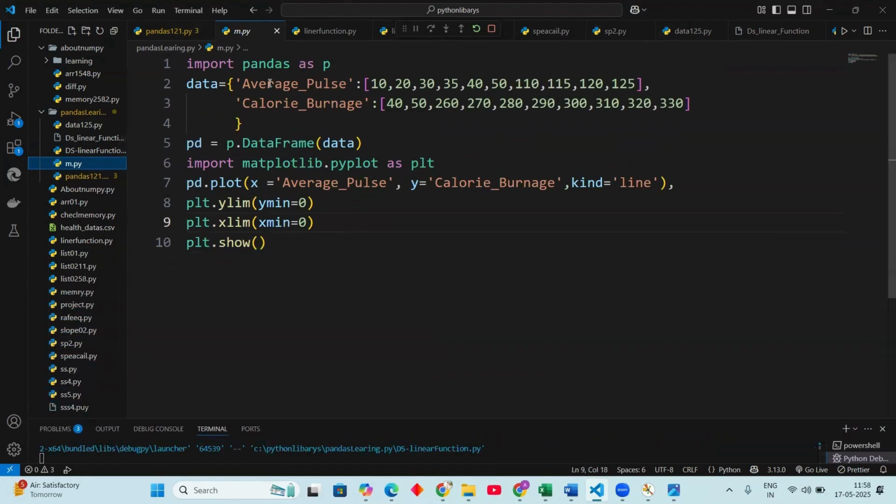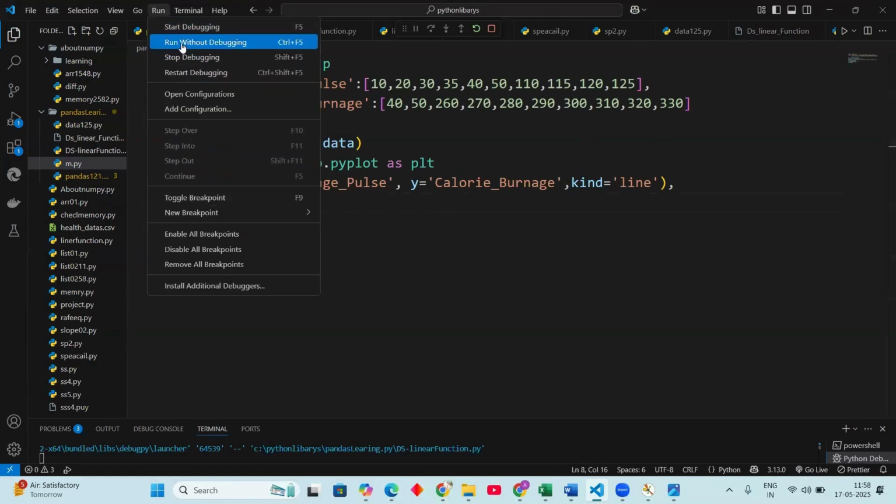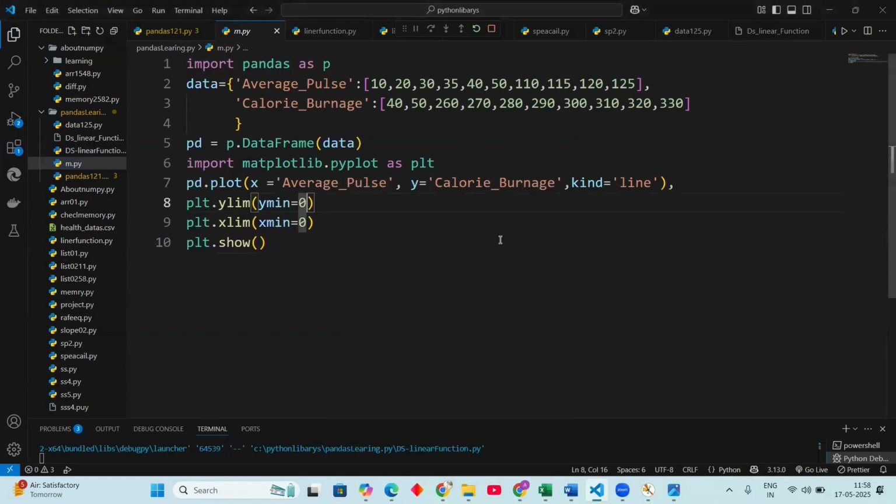Instead of this, we take direct input. You want to understand the average pulse: I take min values of 10, 20, and here from 40 to 330. So I assign the values, and I didn't use math here, so it is not a big problem. Maybe for 330 I take an average value of around 400 or 350. Right.